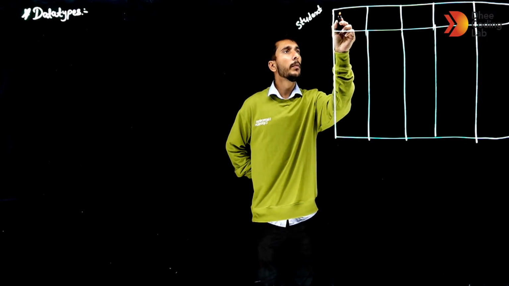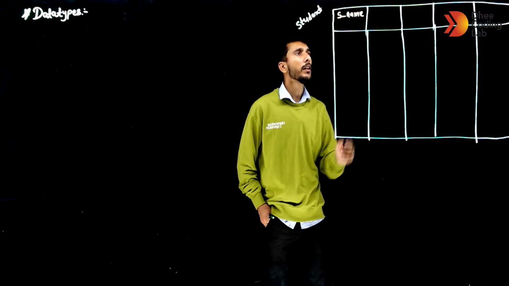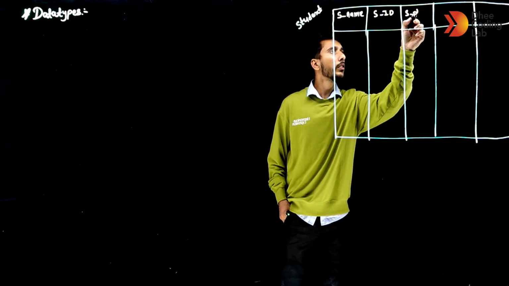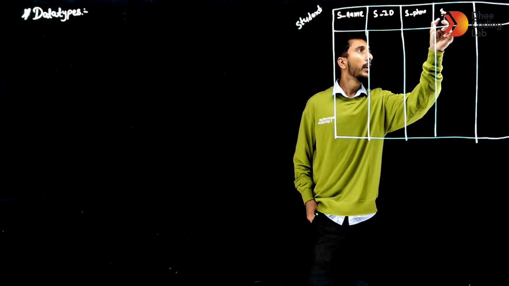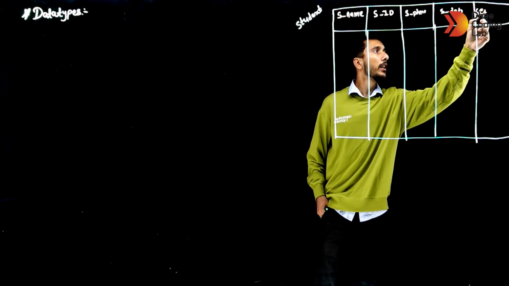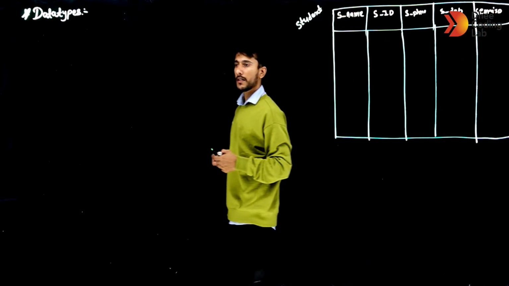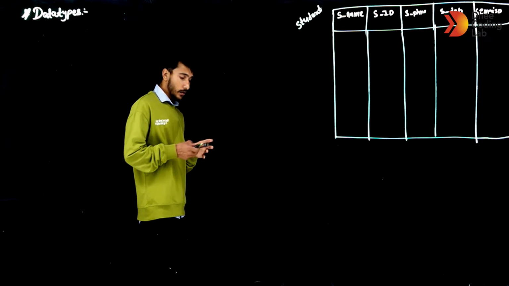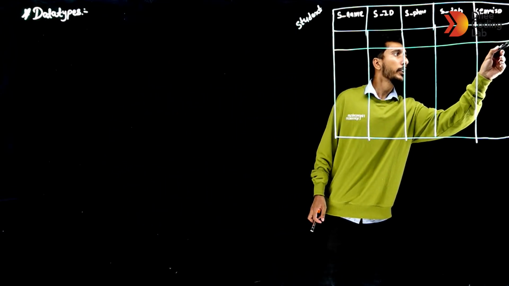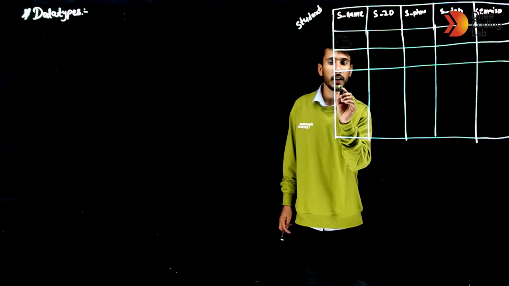So my student will be having a name, student ID, student phone number, student date of birth, and student email ID. So these are the columns that I have written. According to Edgar F. Codd, we should have horizontal and vertical lines that cross each other.